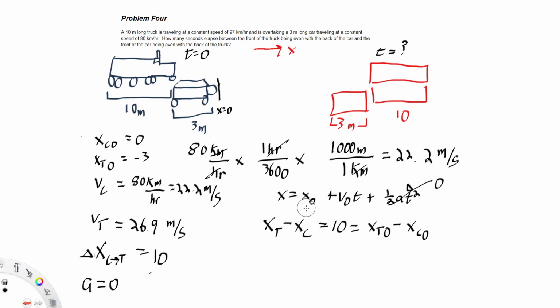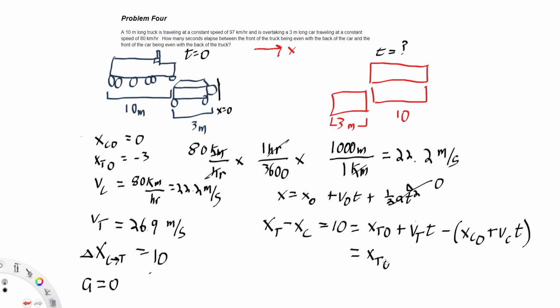So let's do it all at once, actually. So the truck's position will be the truck's initial position plus the truck's velocity times time, and the car's position, which we are subtracting, will be the car's initial position plus the car's velocity times time. And now we can distribute this negative sign and rearrange terms a little bit.